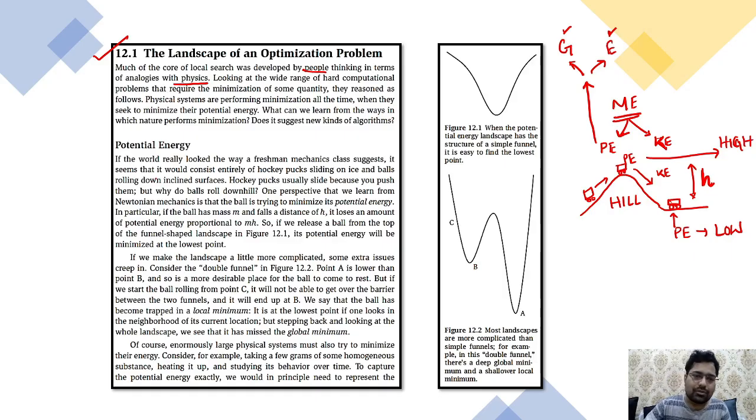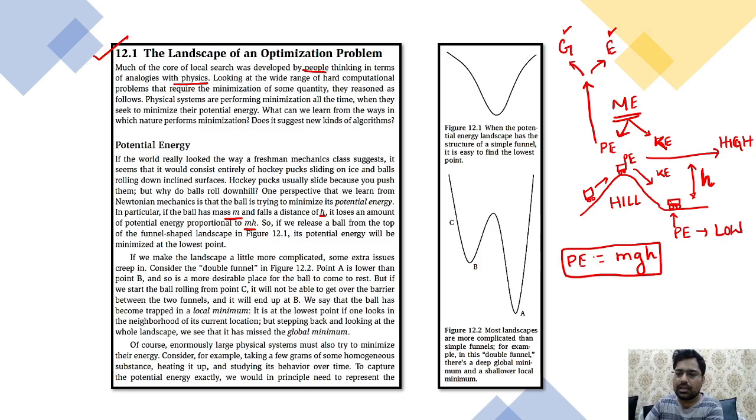Okay, so how do we compare then? The same thing is written with a hockey puck, taking mass m and height h. In general, the potential energy is mass, gravitational acceleration, and height. This is the potential energy equation.